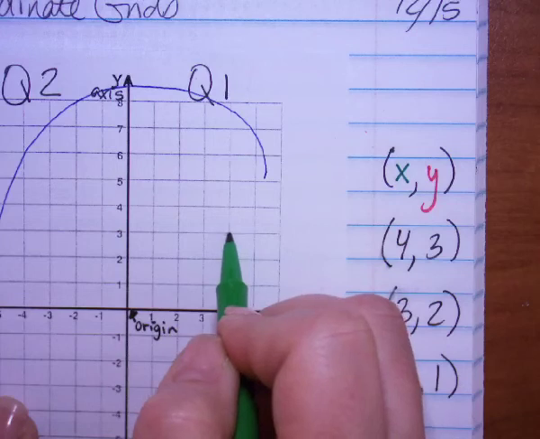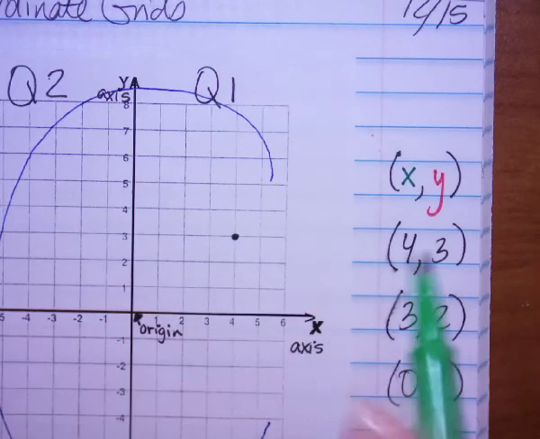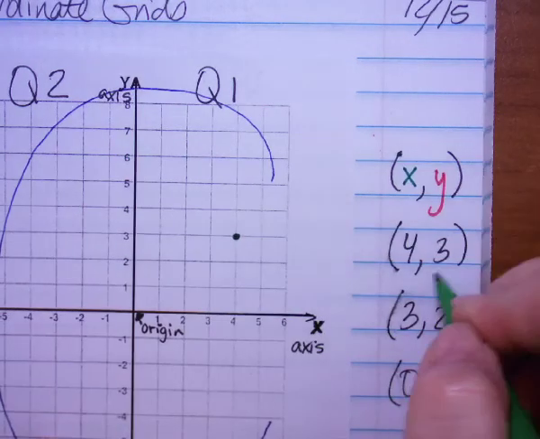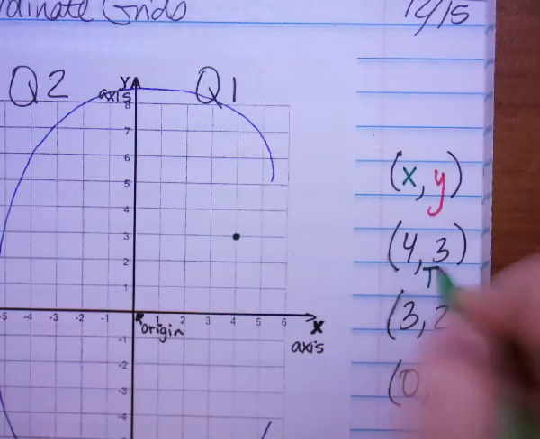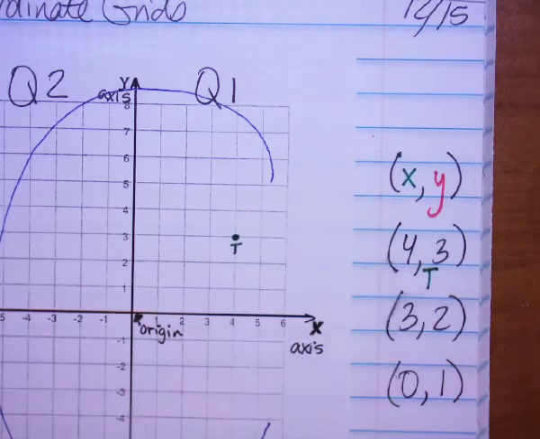Yes. And you put a dot. Let's call this one T. I'm going to write a little T underneath it. That point, his name is T.